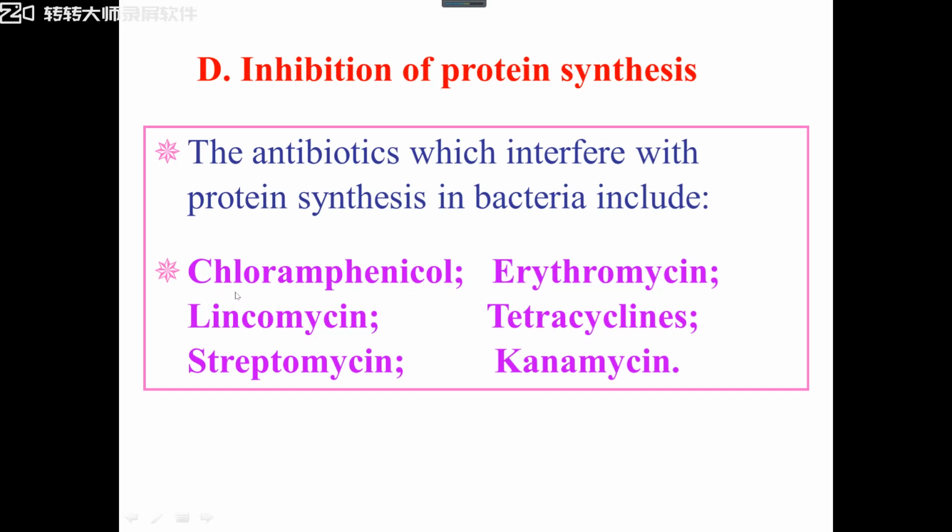Tetracyclines and chloramphenicol are broad spectrum bacteriostatic agents that inhibit protein synthesis. Aminoglycosides, streptomycin, kanamycin, are narrow-spectrum bactericidal agents that inhibit protein synthesis.